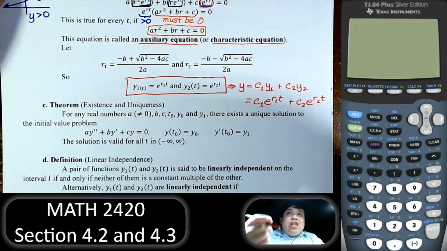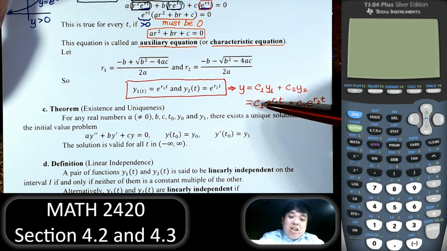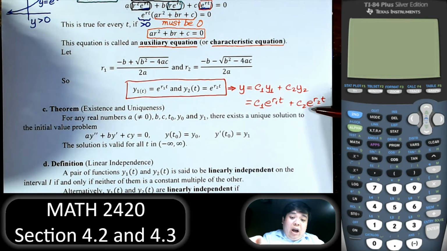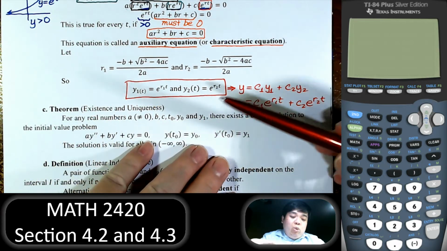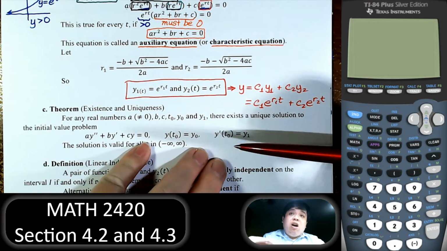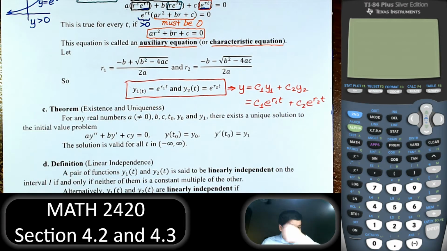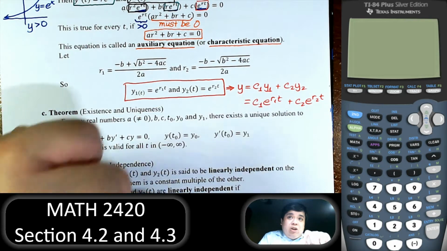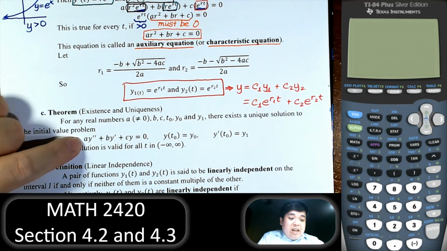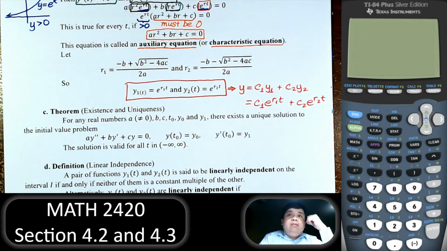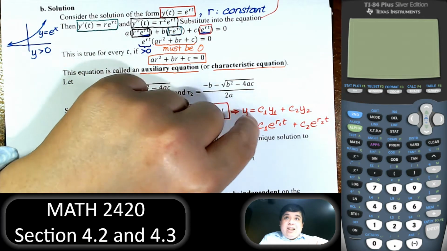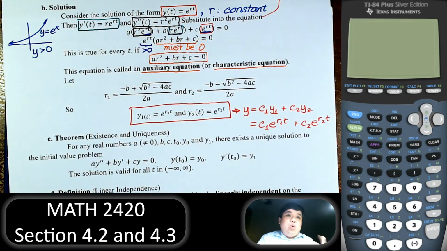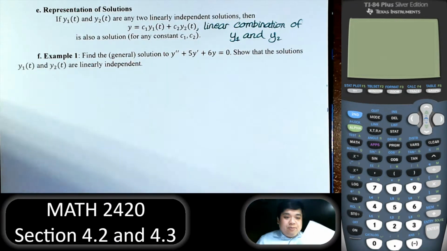Now, this solution is unique, meaning that c1 and c2 are unique if we have a unique initial condition, if those are constant, of course. So this solution with particular c1, c2 will be unique if it satisfies this condition. Once again, we guess a solution, and we can show that that solution is unique.